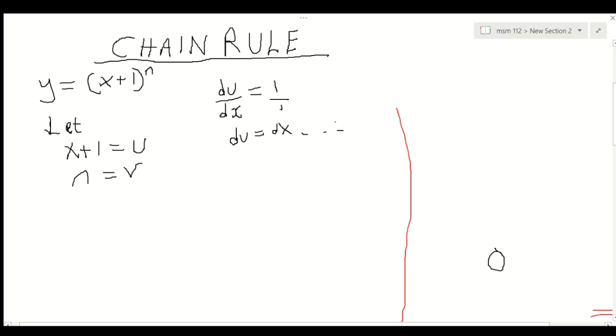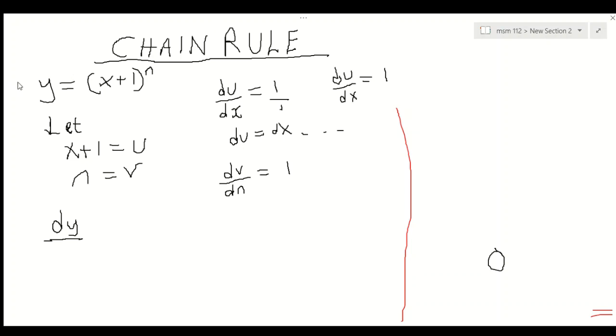So du/dx is equal to 1. Then differentiating v is equal to n, so dv/dn, the derivative of v with respect to n, is equal to 1 as well. Differentiating this in the chain rule says that, let me redo this.